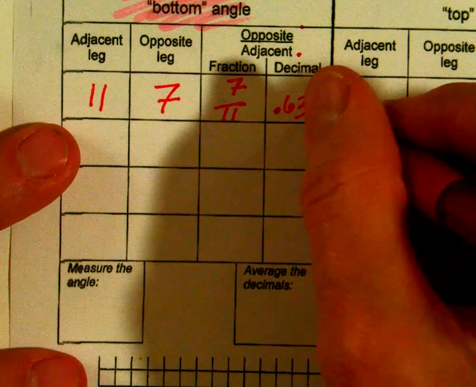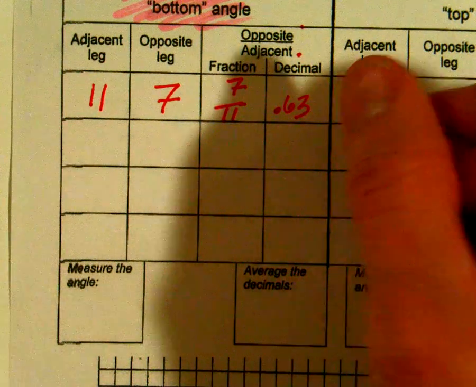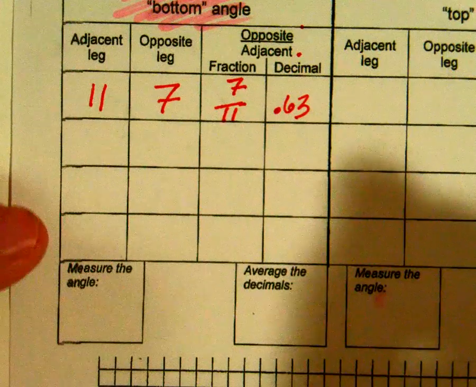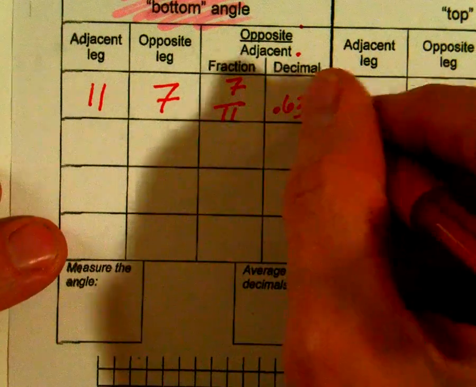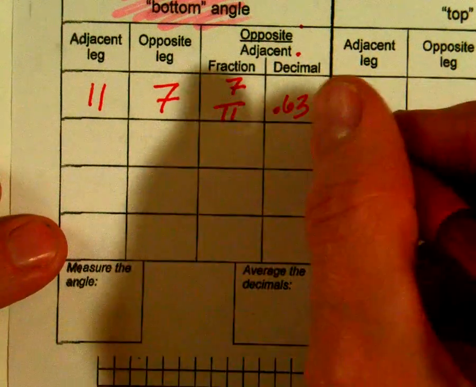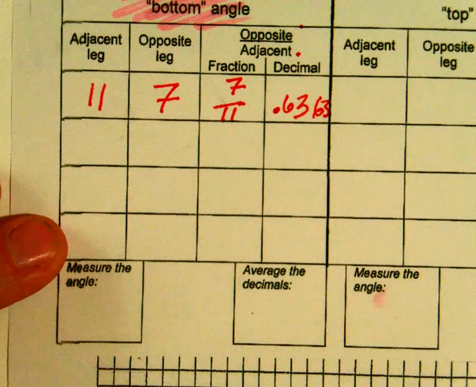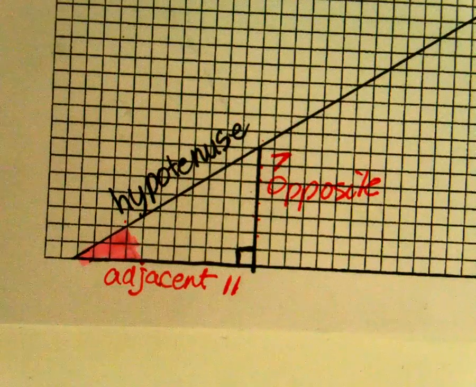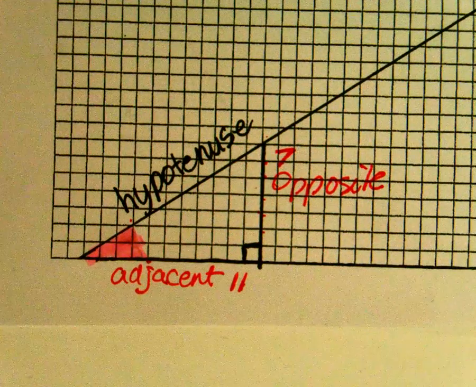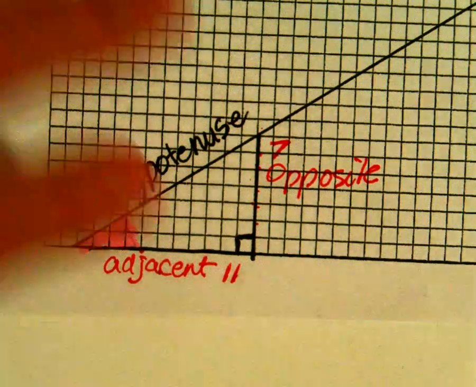You can put as many as 4 decimals if you can get it in there. Definitely put 2. 4 is fine too. 4 will be good. Okay. So that's the ratio of the opposite to the adjacent for my pink angle.